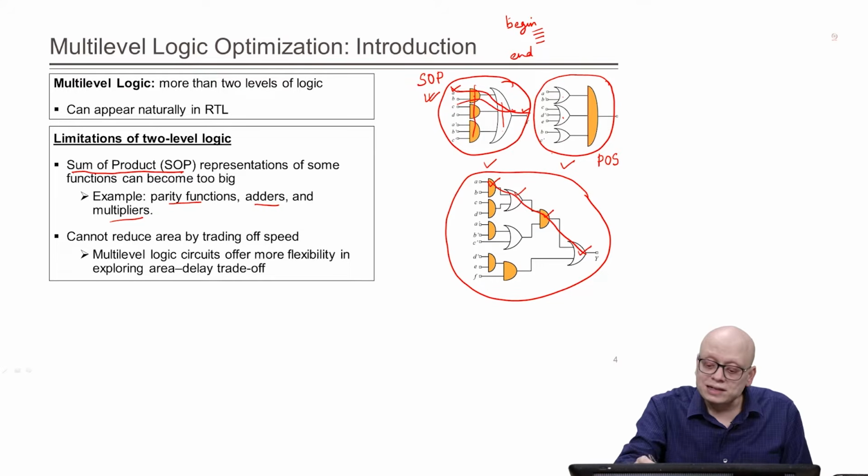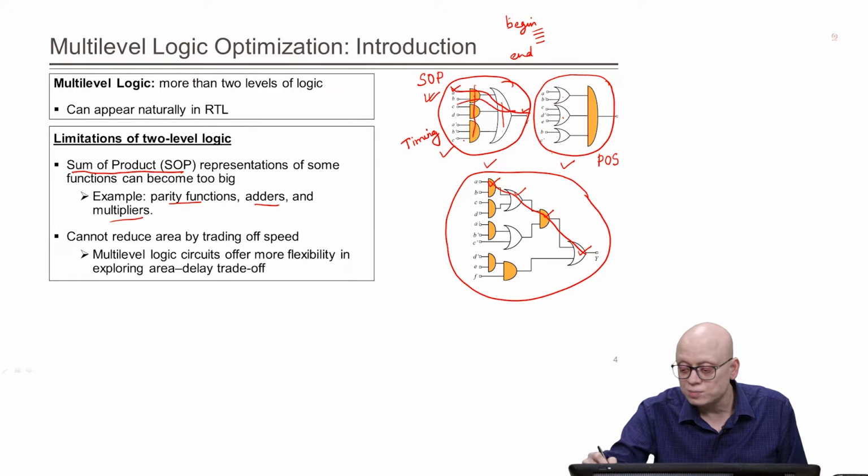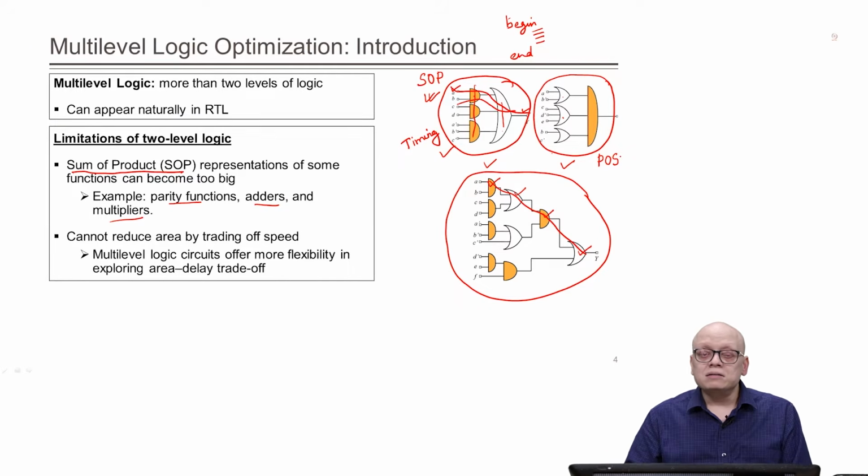From the timing or delay perspective, two-level logic like product of sum or sum of product representation is very good. But in terms of area, they are huge.